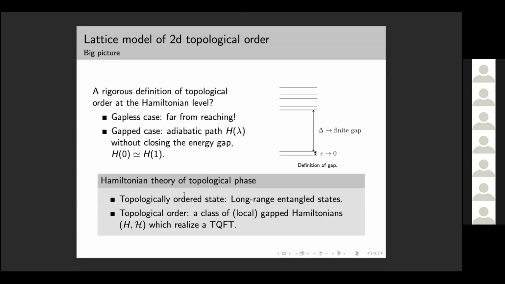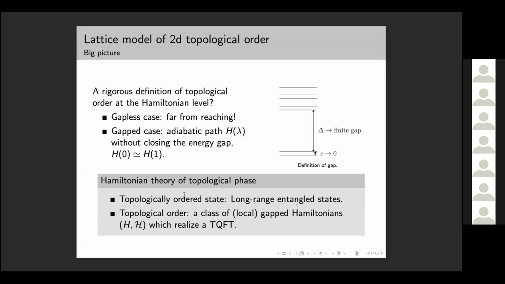Now, to discuss the lattice model of the 2D topological phase, I will first introduce some bigger picture. The first question is what the rigorous definition of a gap is. For a finite system, it is always gapped, because it is a finite n by n matrix, and the first excited state and the ground state always have a finite gap.